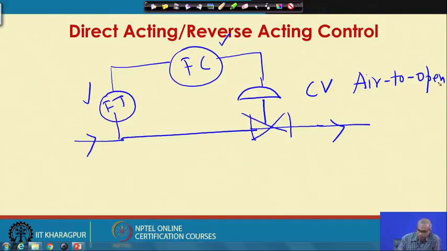Now, let us consider the measured flow rate is more than the set point. So, we are talking about a case when the measured flow rate is more than the set point. So, what do you want? We want to decrease the flow by closing the control valve. Now, this valve is air to open.